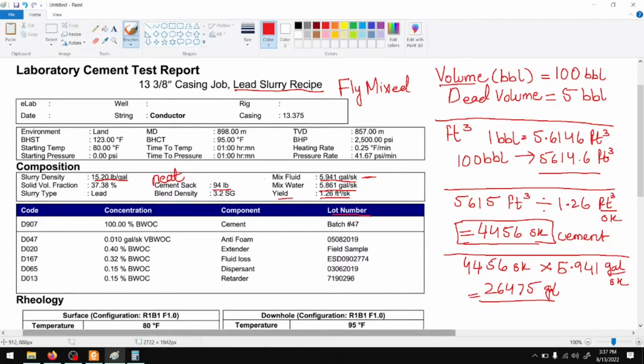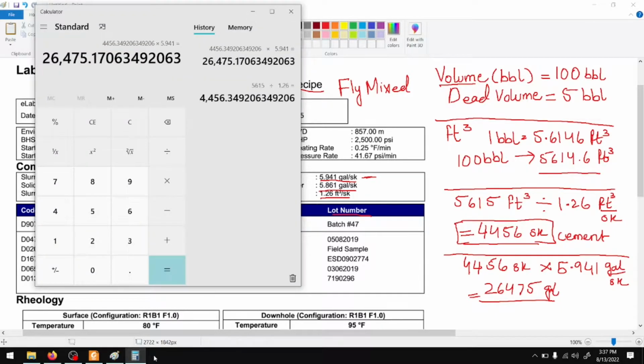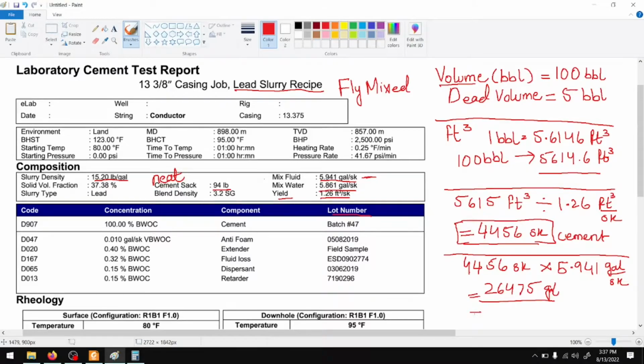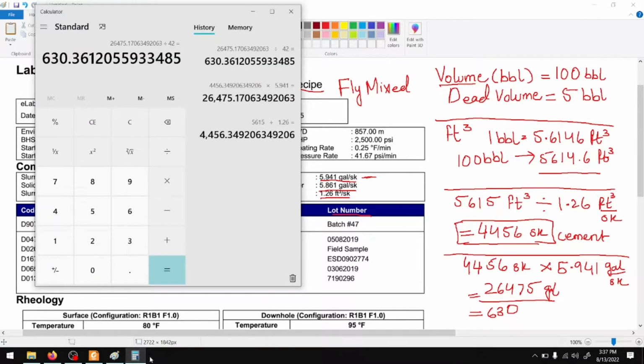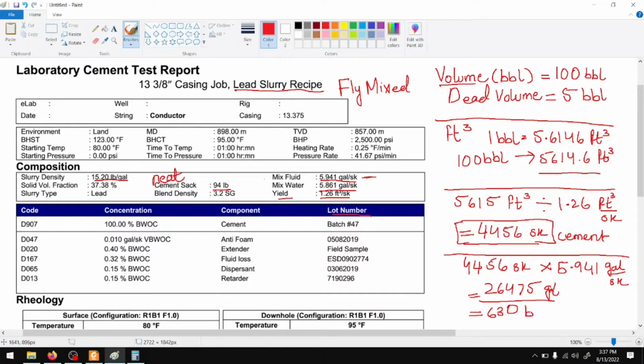To convert that from gallons to barrels, since we want to maintain consistency, we divide this number by 42, because 42 gallons is 1 barrel. That gives you 630 barrels of your mixed fluid.